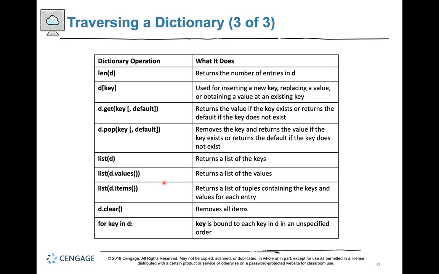And here's just a little summary of some of the functions that we'll talk about. For example, you can still use len, which will give you the size, or how many items are in the dictionary.